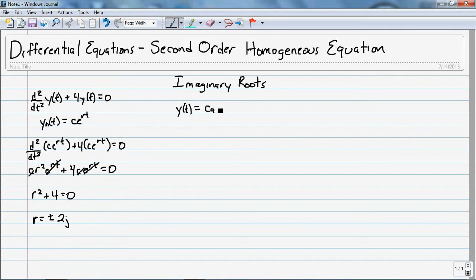We're going to call it CA e to the 2jt plus CB e to the negative 2jt. And we can now use Euler's.